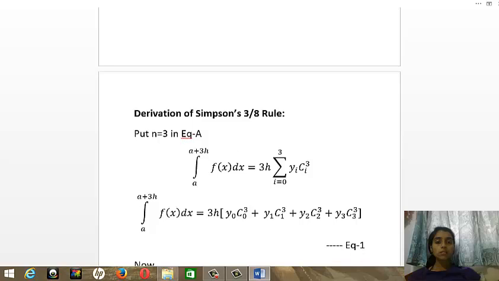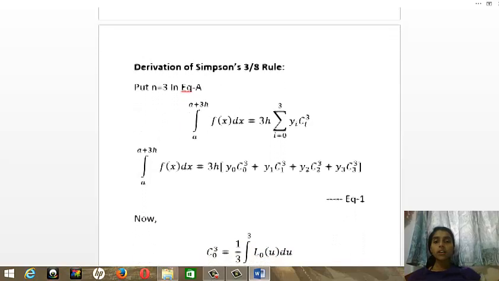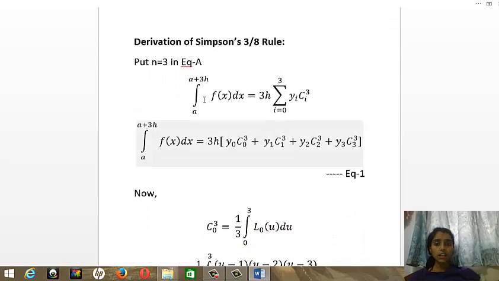Now, to derive Simpson's 3 by 8 formula, we put n equals 3 in equation A. So the equation will become integration of f(x) dx from a to a plus 3h equals 3h summation of y_i C_i^3 from i equals 0 to 3.